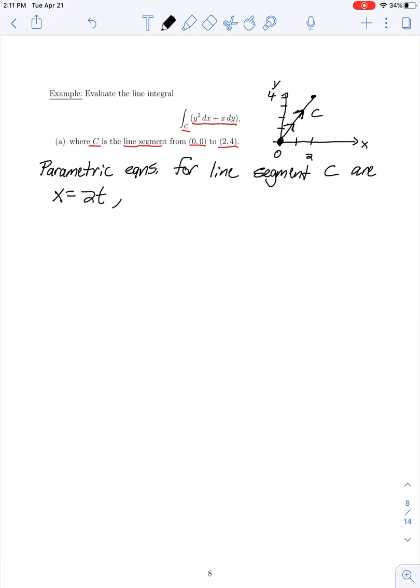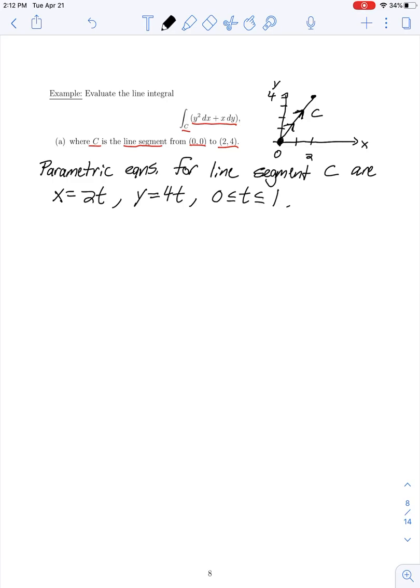So x is 0 plus 2t. y is then 0 plus 4t, or just 4t. And we're moving from 0, 0, so that corresponds to t equals 0, to the point 2, 4, which would correspond to a value of t equal to 1.